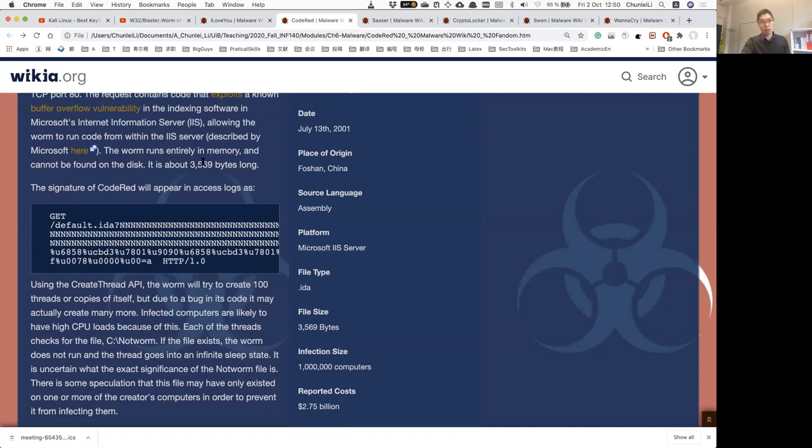This worm runs entirely in memory, so it's quite difficult to find, because it's only available when it's run, and then it's hidden. Most antivirus software will only scan the hard disk, the hard drive of the computer, and also it's quite short.